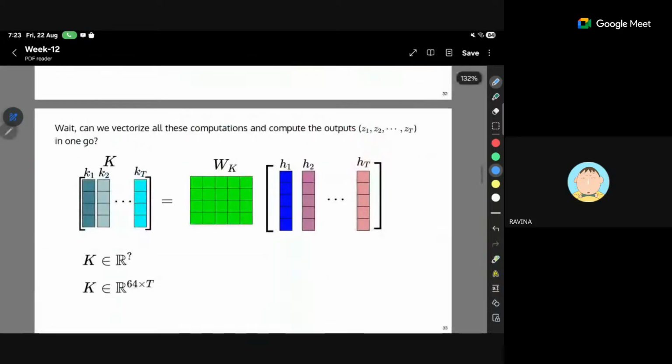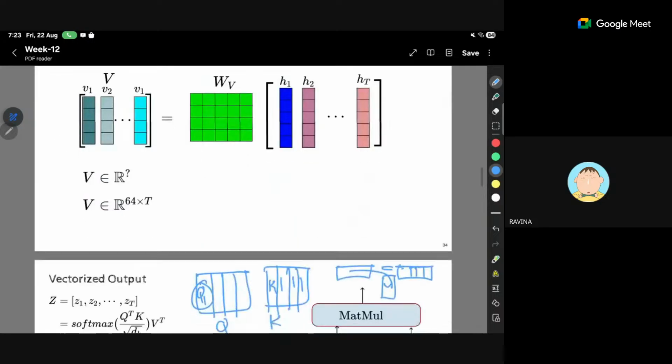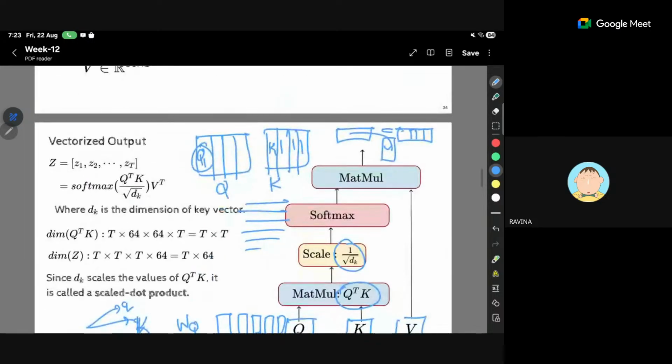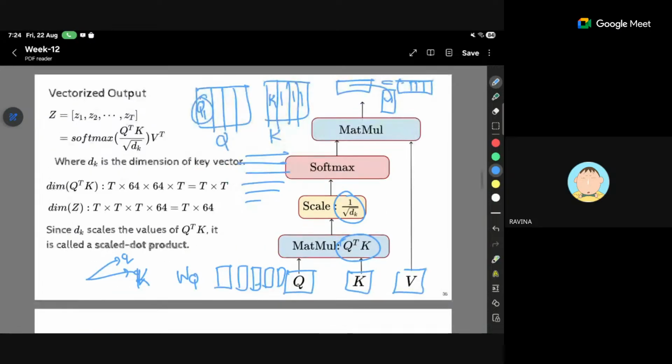Whatever the dimension of this is, let's say 64, you take the square root of that and divide by it. T is the number of tokens in this case. If you scale it down, you'll get good values. Then if you apply softmax over that, you might be able to produce better attention weights than without it, right? And then the final multiplication with v you are doing.